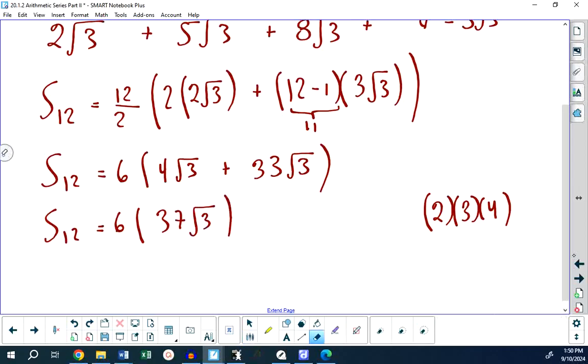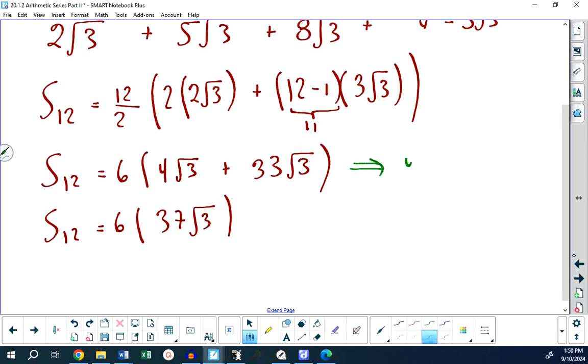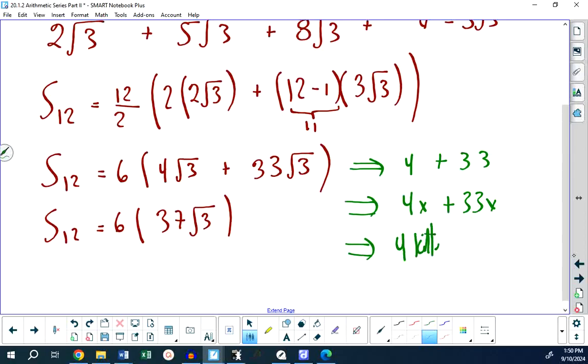What I have in brackets there, everyone, is kind of no different than saying 4 plus 33, or saying 4x plus 33x, or saying 4 kittens plus 33 kittens. It's no different, right?